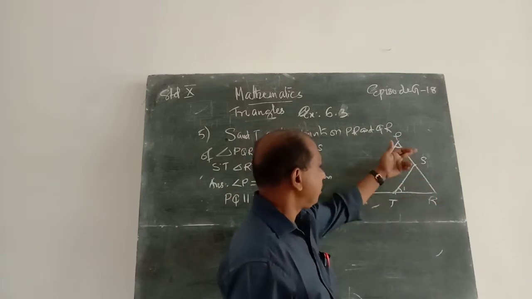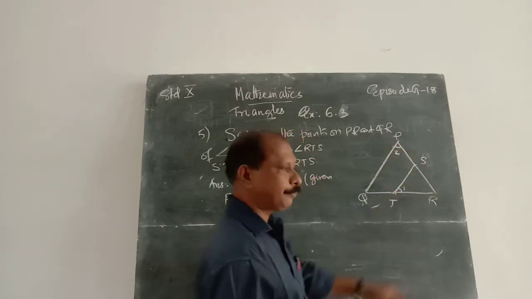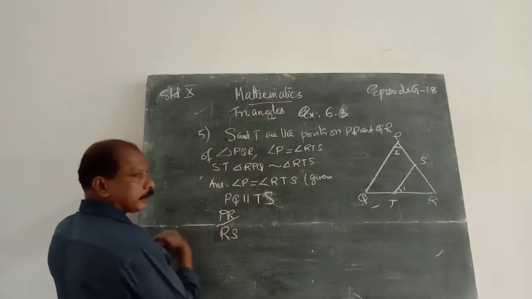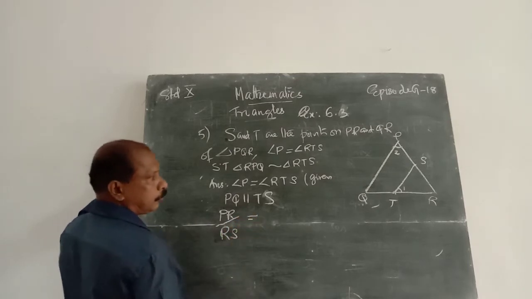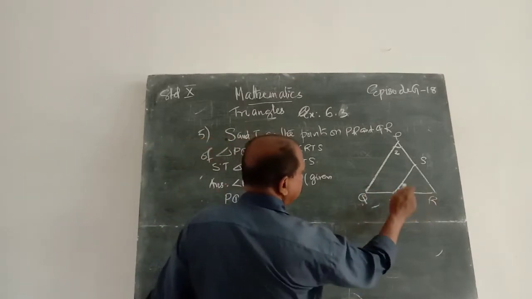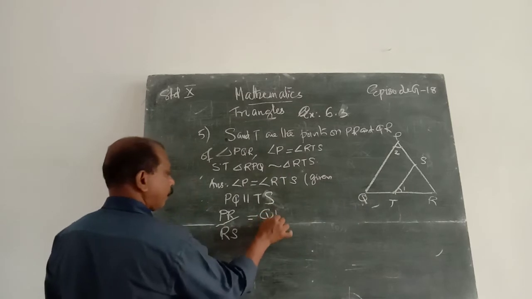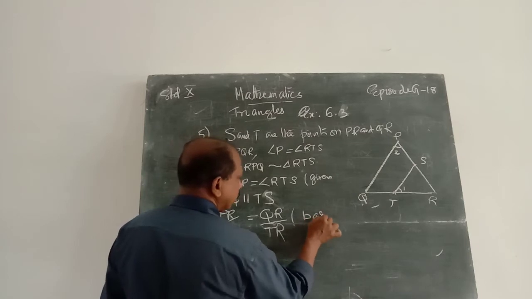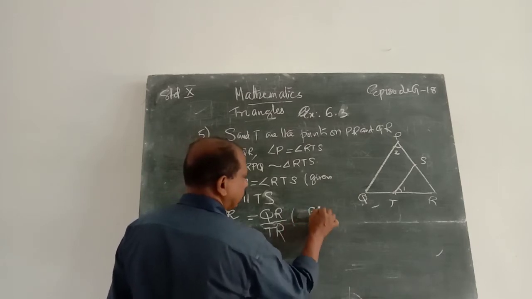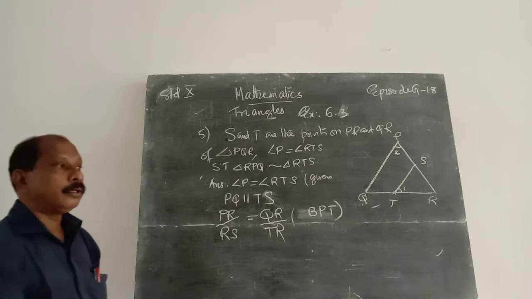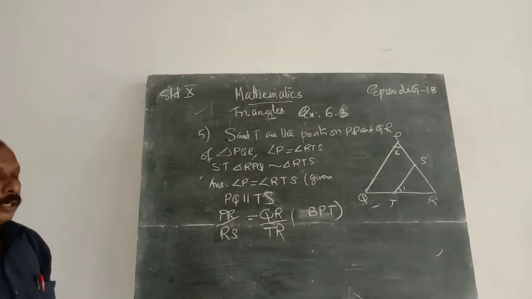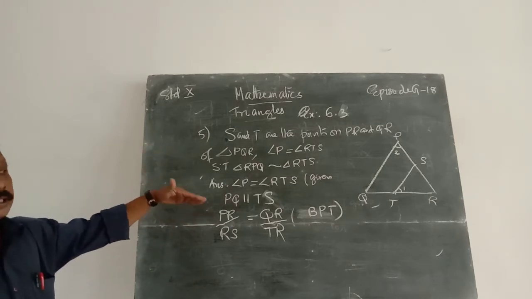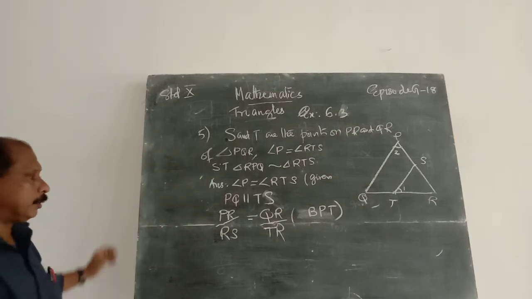PR by RS is equal to QR by TR. That is the basic proportionality theorem for that triangle. Therefore, if these two sides are proportional, it is also proportional to the base.